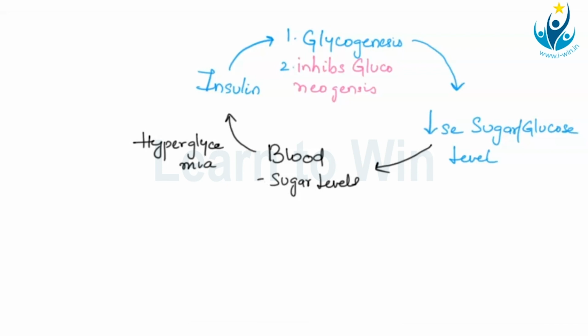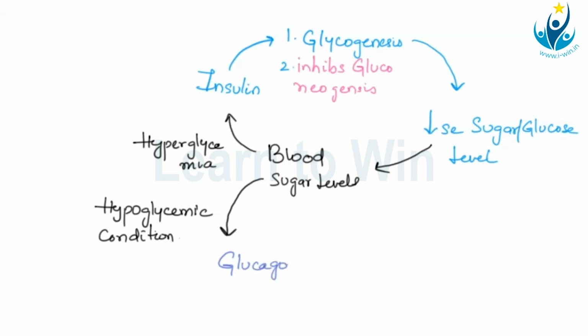If it is the opposite, that means if there is a hypoglycemic condition, then glucagon is produced. This glucagon will carry out gluconeogenesis and glycogenolysis.